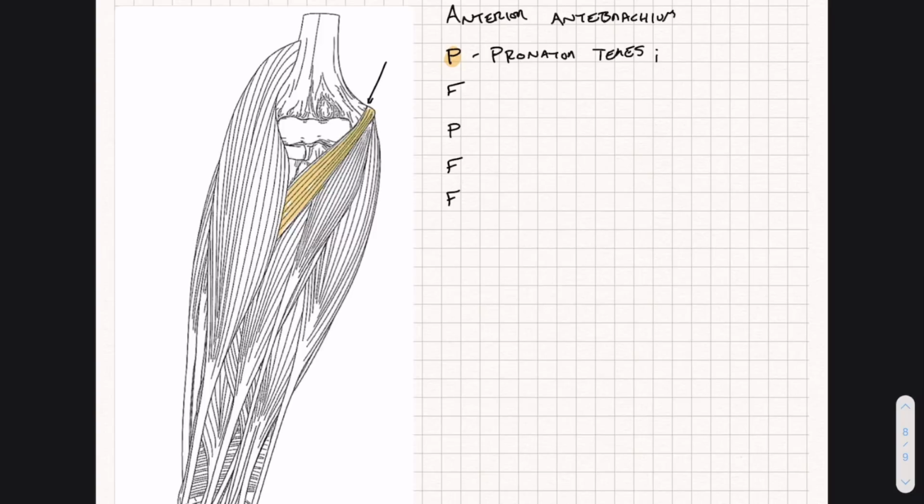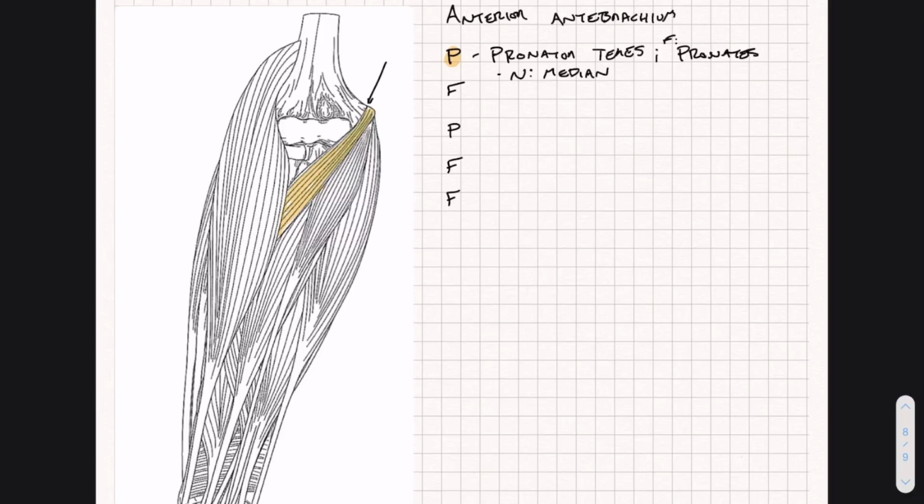Okay, and the name tells you what it does. It pronates. So that's its function. The nerve supply to this is a nerve called the median nerve. So the median nerve is going to innervate most of these muscles we talk about. So the median nerve is really the big nerve of the anterior antebrachium. So there's the function, there's the nerve.